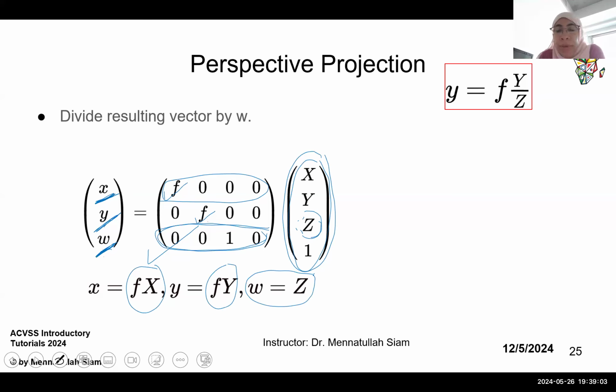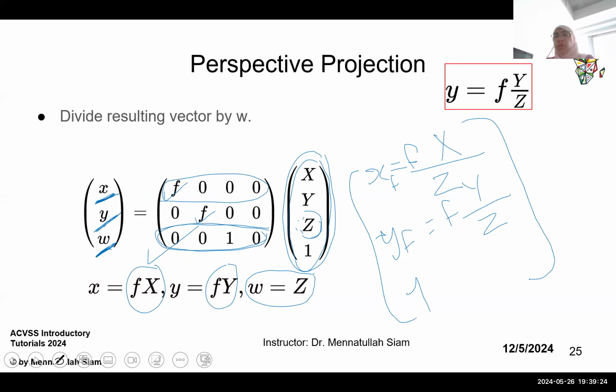So you will have the final x, which is fx over omega, which is z. And the final y is just going to be focal length y over z, and then 1. So this will be your resultant homogeneous coordinate point.